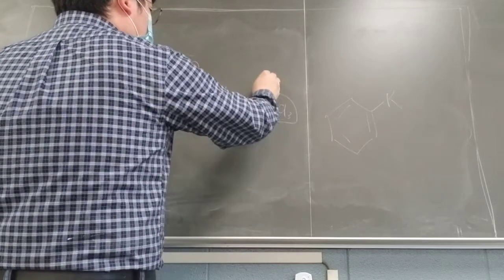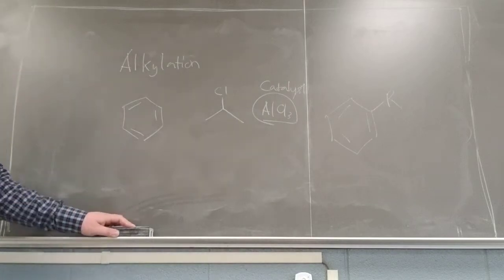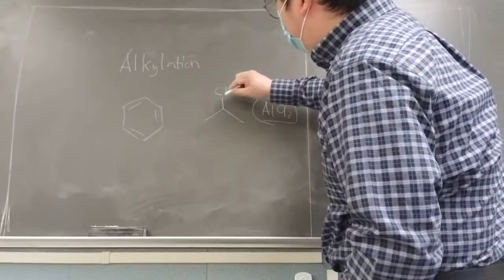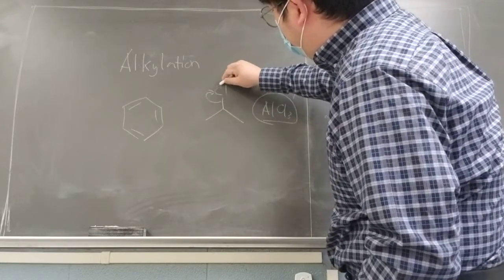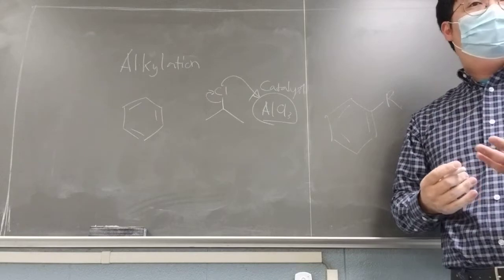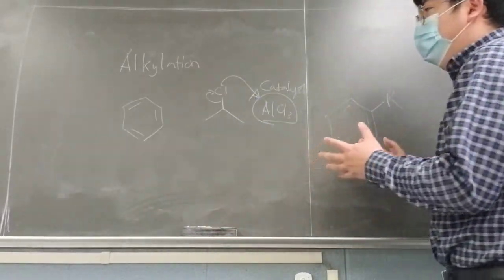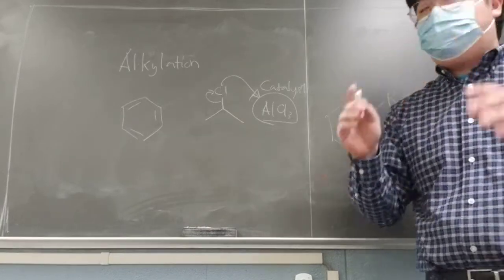This is our catalyst. What happens to this one is pretty much the same, that it goes to here and here. This is what we already saw before numerous times in other types of reactions, but this is very similar. The only difference here is they make the electrophile.